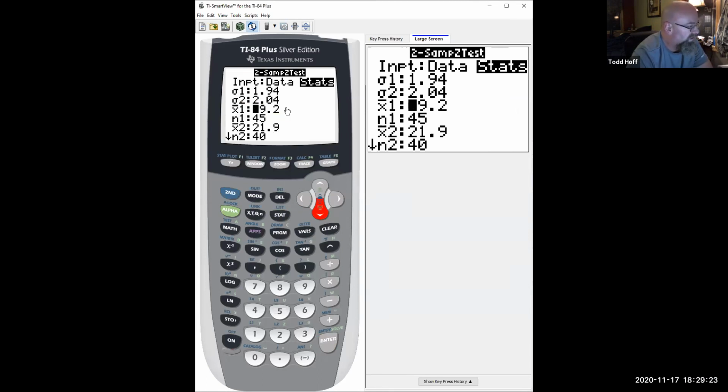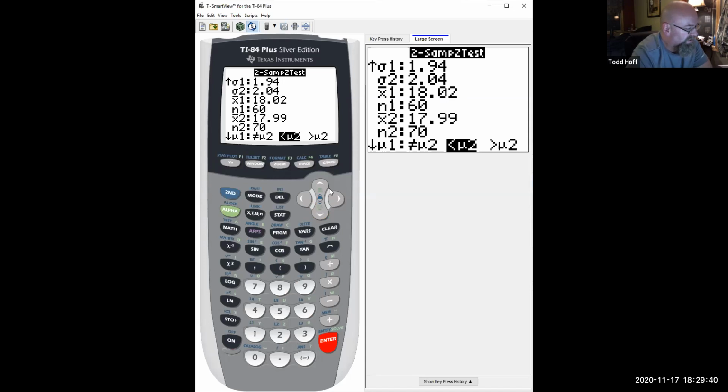The first sample mean is 18.02 from a sample size of 60. The second sample mean is 17.99 from a sample size of 70. The alternative here, we want greater than.